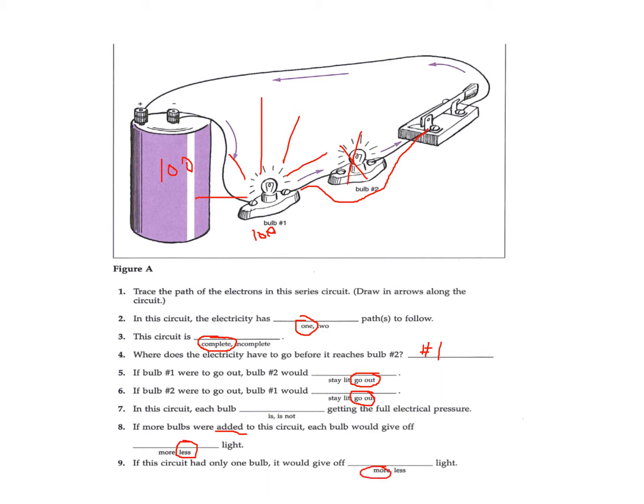So if you add, you get less light. If you take away, you get more light. It's all about sharing. If you have $100 and you have 5 friends, you each get 20. But if you have to share your $100 with just one friend, each one will get 50. Okay, it's the same thing.